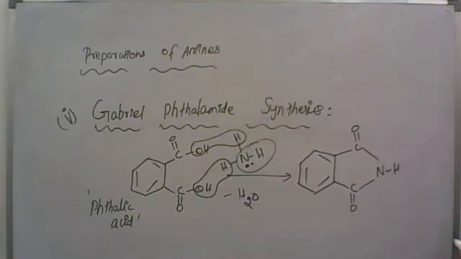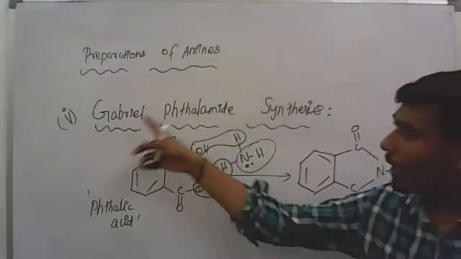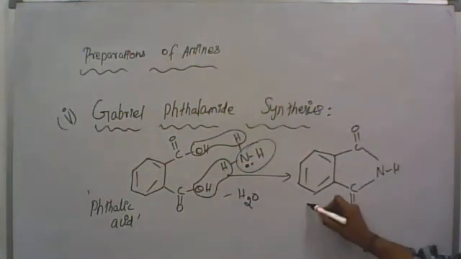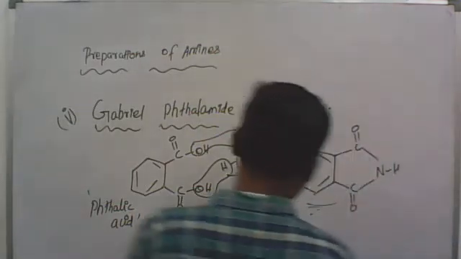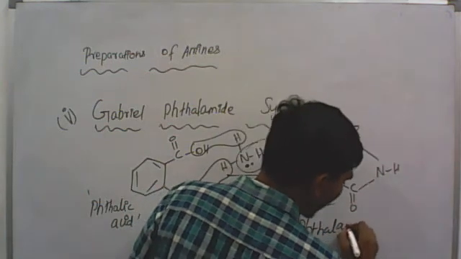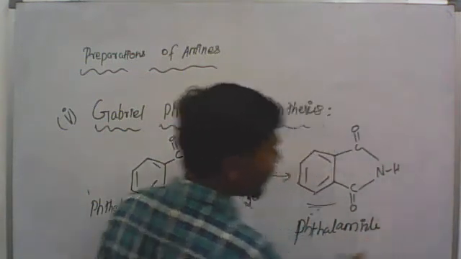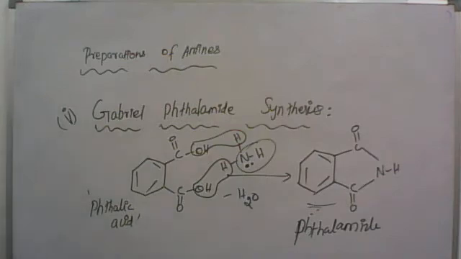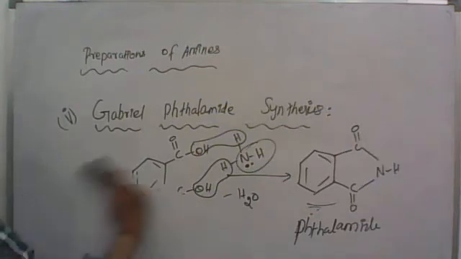This is the starting material for Gabriel phthalimide synthesis, and it is called phthalimide. From this phthalimide we can synthesize the primary alkyl amine. Let's discuss the process.